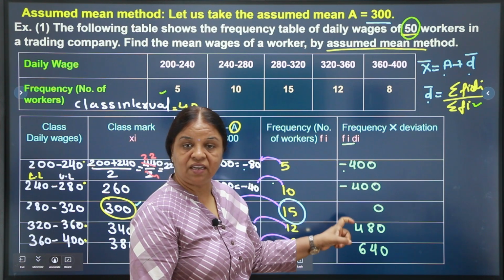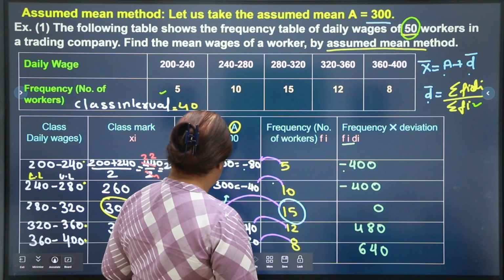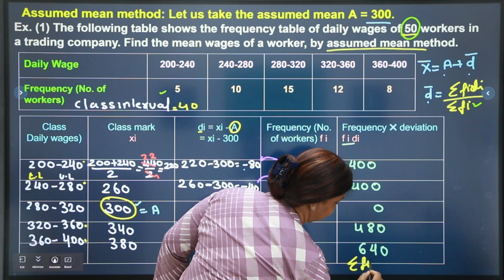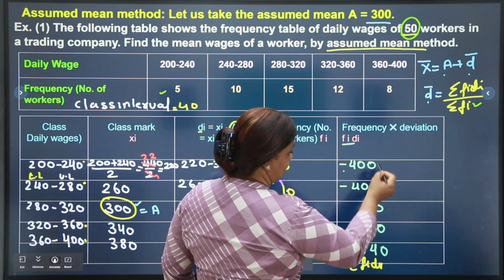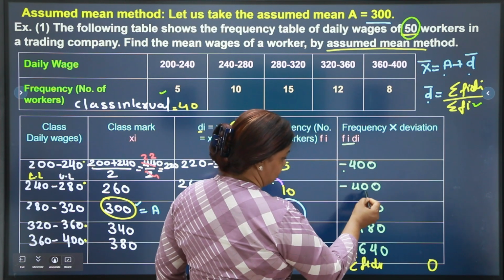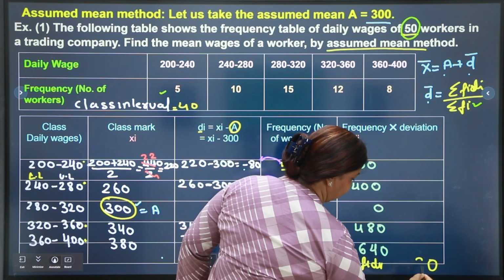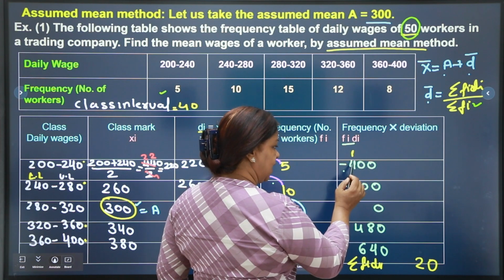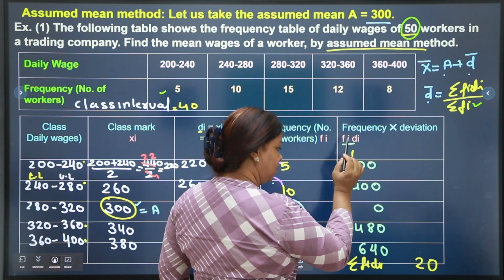Now we will be finding summation of FiDi. What will be summation of FiDi? 0 0 0 will be 0. 0 8 4 12, carry 1. Now minus 4 minus 8. Minus 8 plus 1 minus 7.